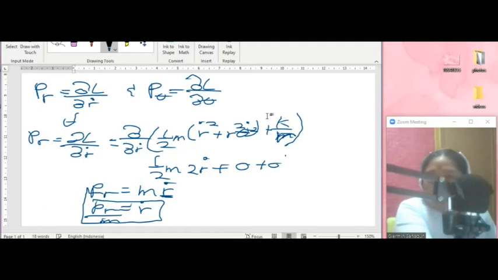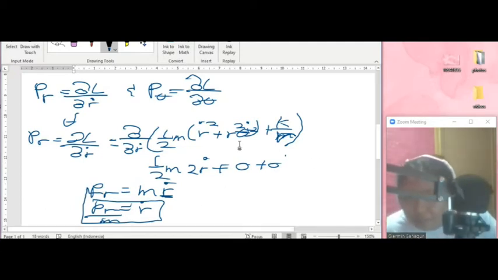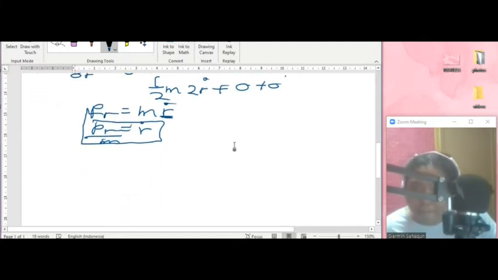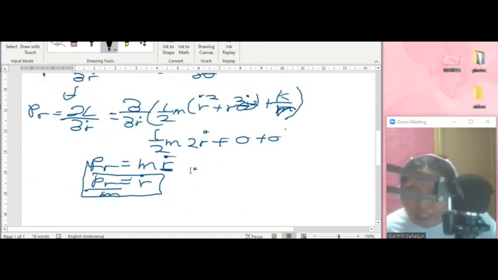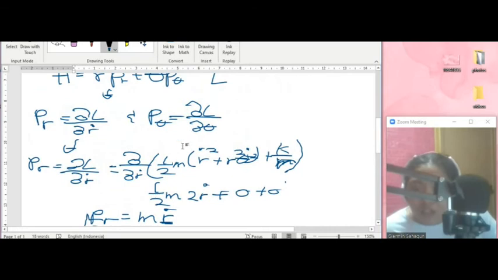Next, let's get the other one. Same procedure, but instead of r dot, we're gonna use theta dot.